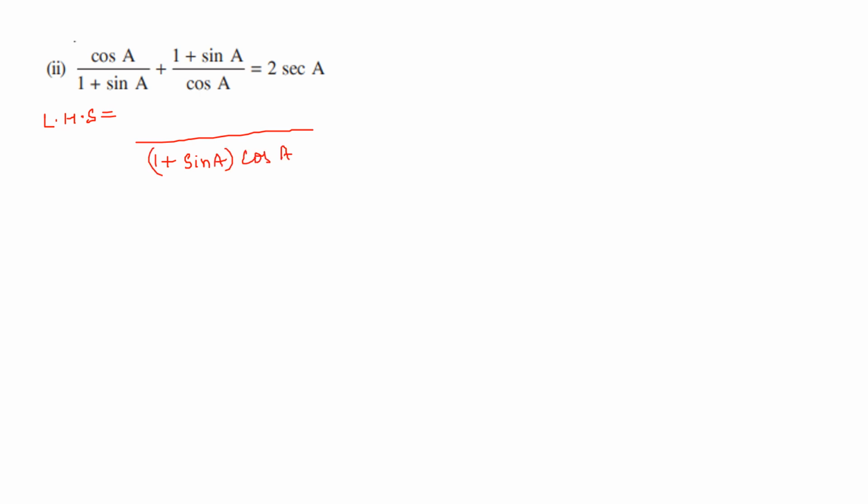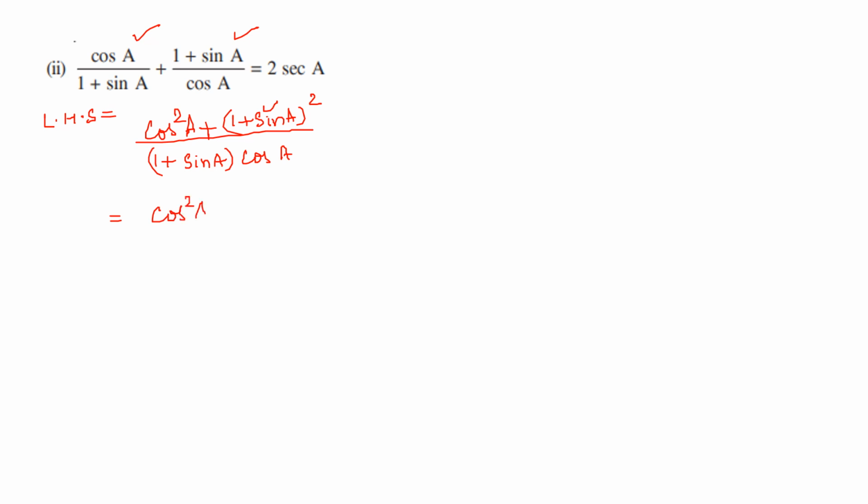So the first numerator, if you see, will become cos A into cos A, which will give me cos square A, plus the second one will become (1 plus sin A) whole square. So I will write it here, (1 plus sin A) whole square. Now in the next step, I am going to use here (A plus B) whole square and expand it.